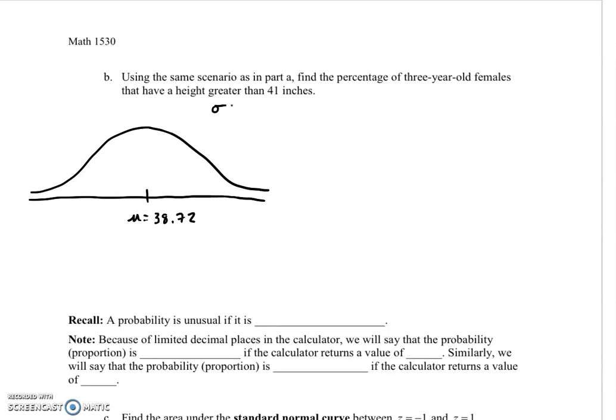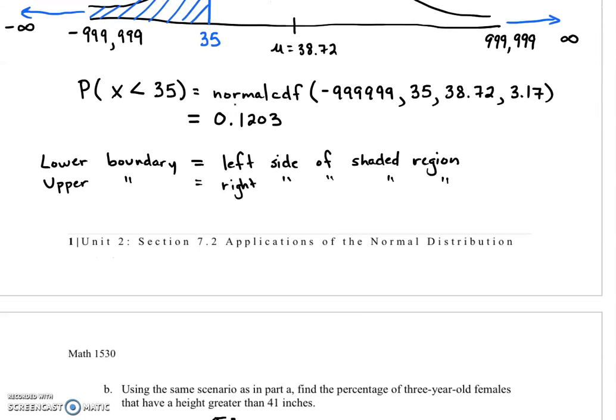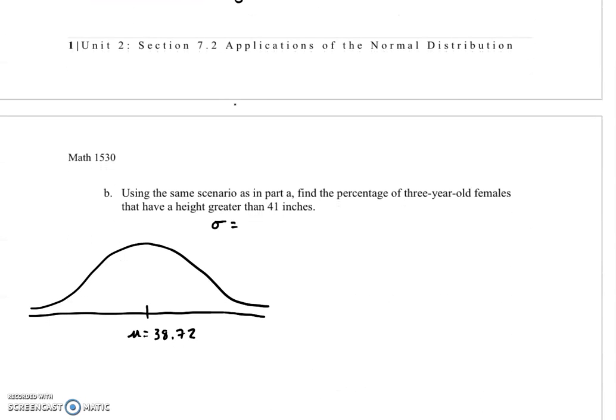We have a standard deviation of 3.17. And we need greater than 41. So, I don't know, 41's right here maybe. And greater than means to the right.